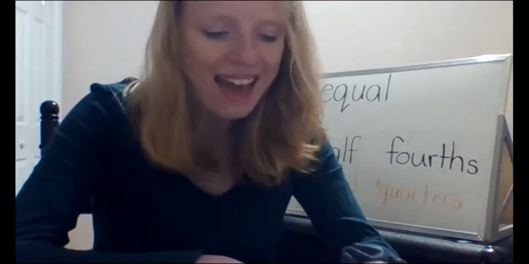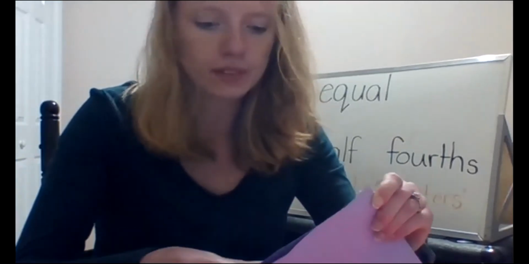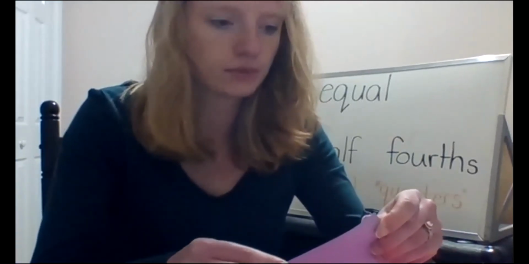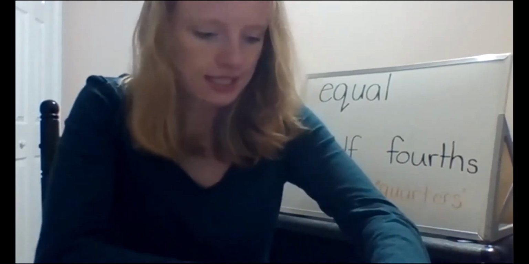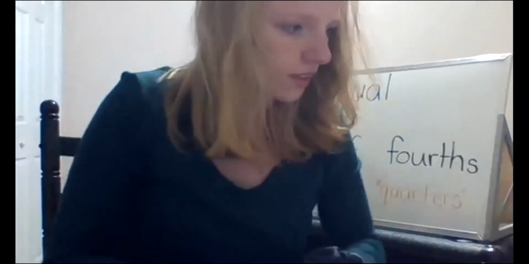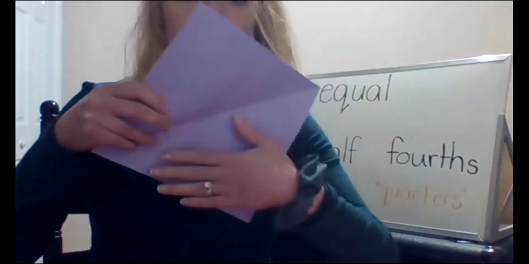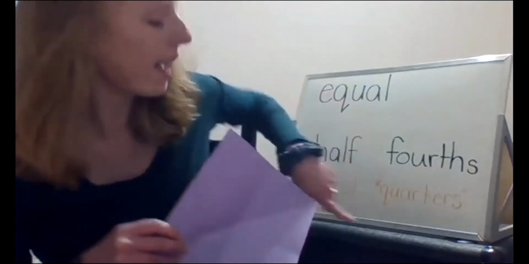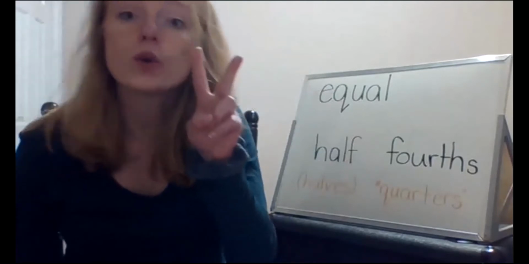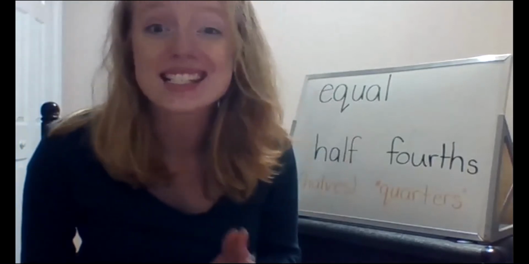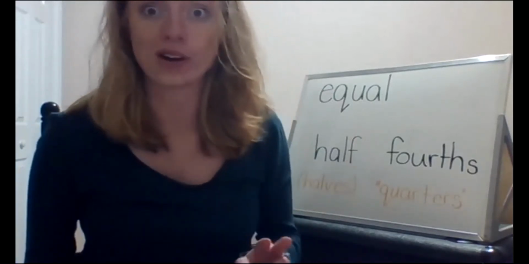I could go diagonally. Let's see, I've got to line up those corners. That's important. And then I have this half and this half. So remember, half, you want two equal or the same size parts.